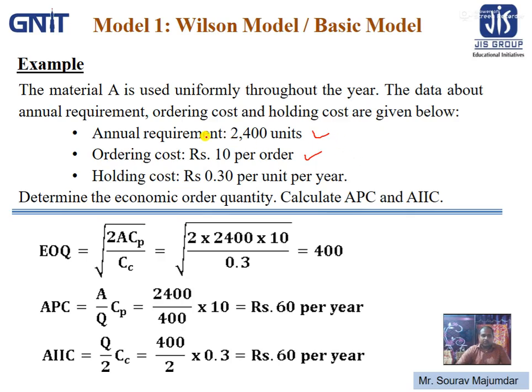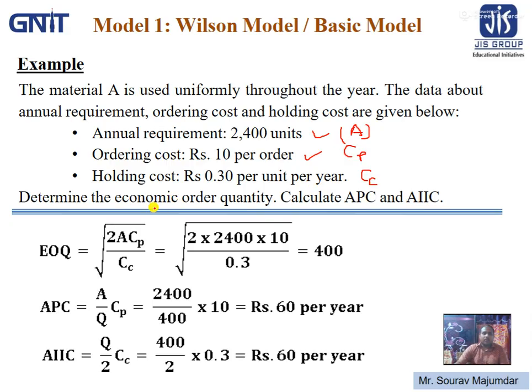Okay, so this annual requirement is the value of A, and this is the ordering cost, that is procurement cost, that is Cp, and this is the holding cost or carrying cost, so this is nothing but Cc.